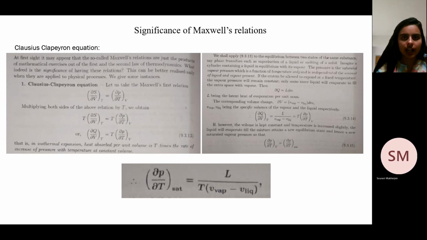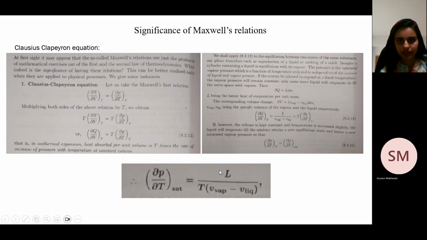Then we saw how we can use the Maxwell's relations. One of the physical significances of these relations can be seen in how we get to the Clausius-Clapeyron equation. Here I would not go into the details of the derivation, but what you can see is that it defines del P del T, that is the slope of the pressure versus temperature plot, in terms of the quantities given here.